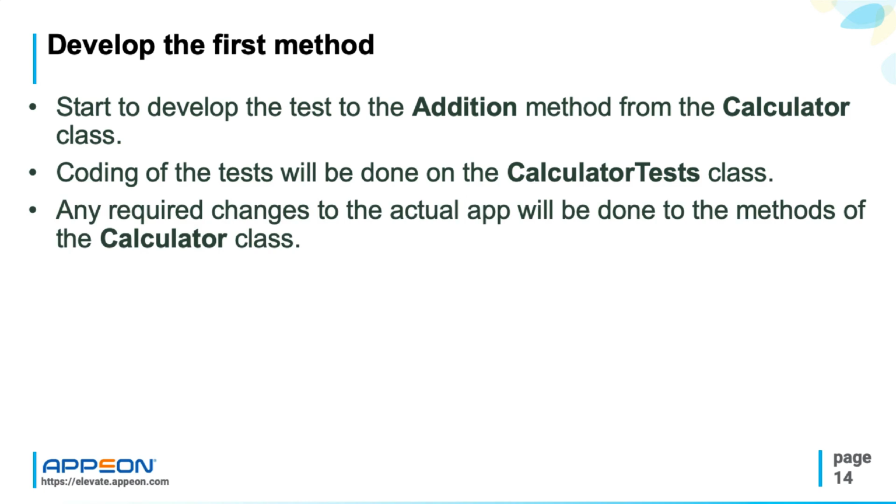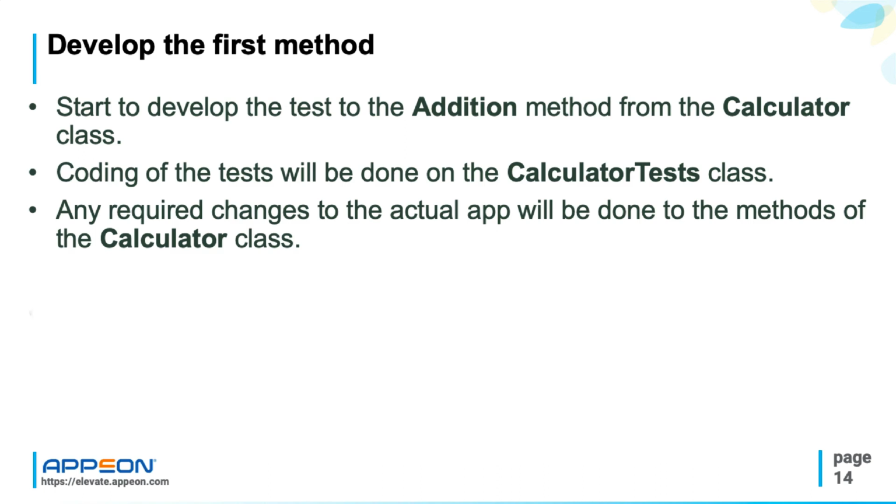One of these conventions states that you need to use the word should in the name of your test method in order to make it clear that the method should perform certain testing tasks. But for this session, we will use our own naming convention that will start with the name of the method to test, then a simple and short explanation of what it should do.